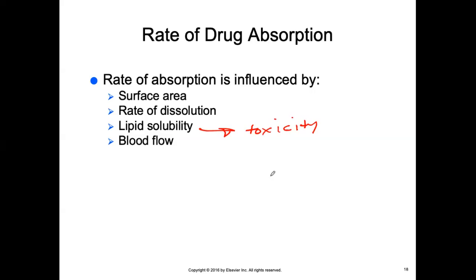So this is one of the reasons why, for instance, the fat soluble vitamins A, D, E, and K, if you take too many of them, you can get up to toxic levels, and over time, that can have negative effects on the body. In addition, we should point out that lipid soluble compounds basically have no barriers as to where they can go, because they can cross the membrane very easily.